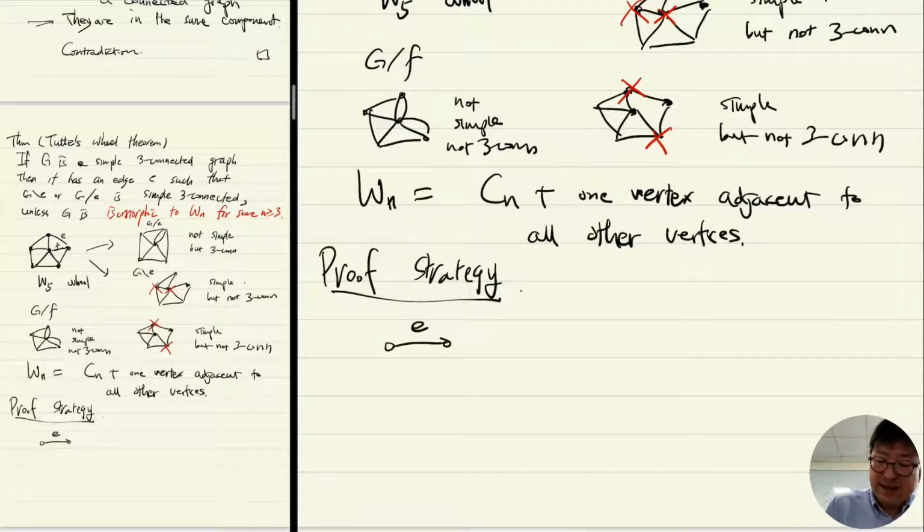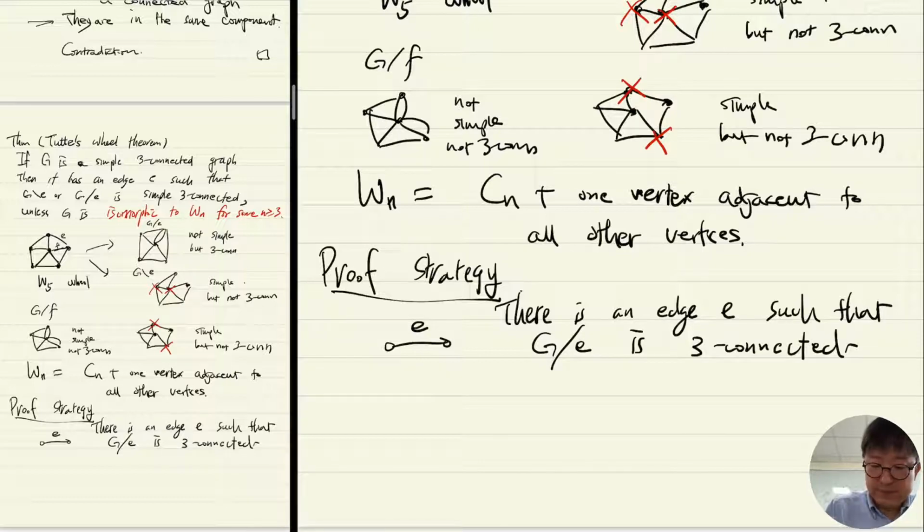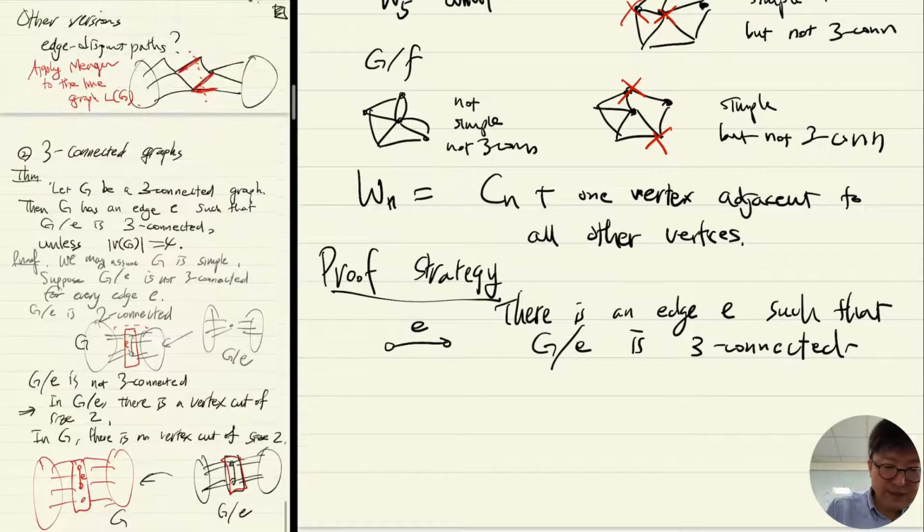We know already that there is an edge E such that G contract E is three-connected. Why? Because of the previous theorem.